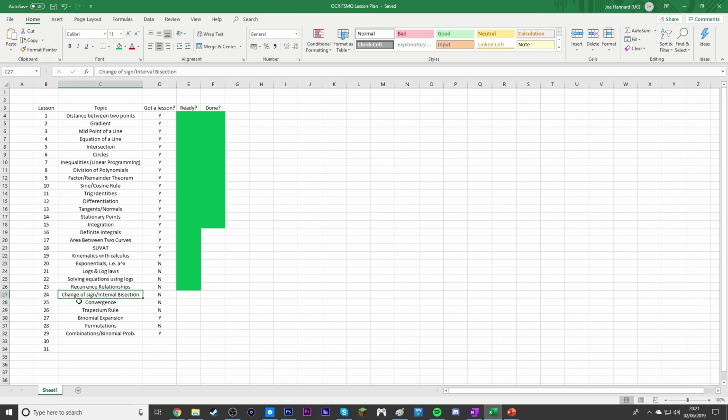So we've got change of sign and interval bisection, we've got convergence, we've got trapezium rule. So those 3 are all sort of new things on the spec, as is permutations, but things like binomial expansion and combinations and binomials are in the old playlist as well, binomial probability that is. So there's actually only 4 lessons of new content to learn.